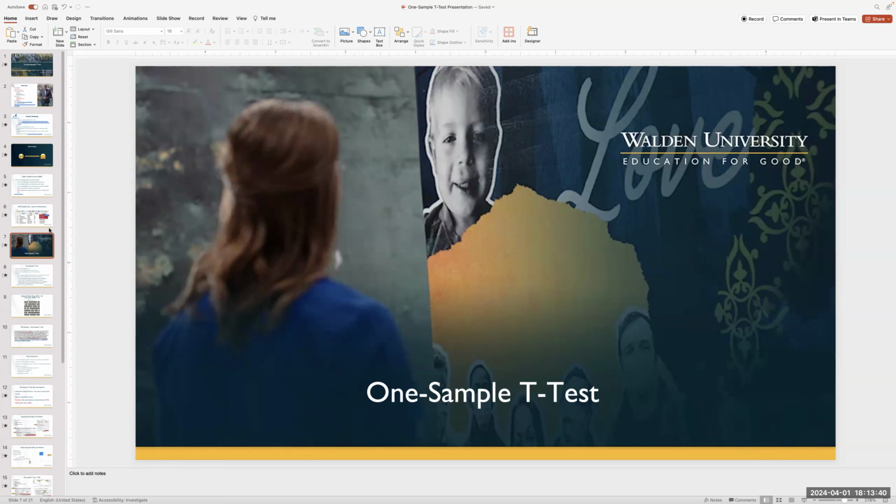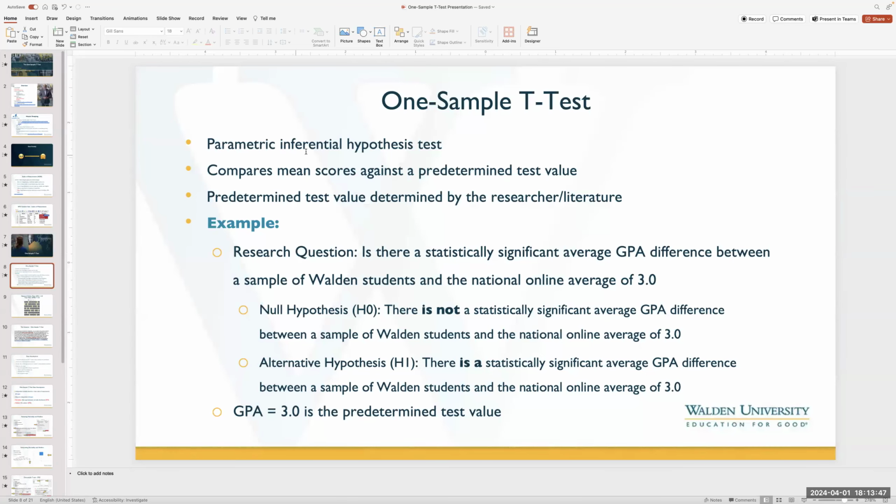And the one sample t-test is the first test that we're going to discuss. Now, what is it? It's a parametric inferential test. And I just mentioned inferential. We're going to infer to a broader population. But what do I mean by parametric? You probably have come across the terms thus far, parametric or non-parametric, where a parametric test is a test that has data assumptions, and we have to test those assumptions.